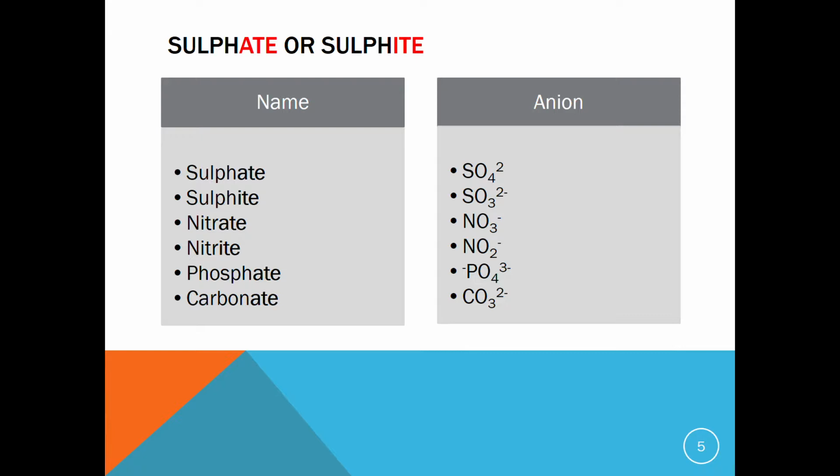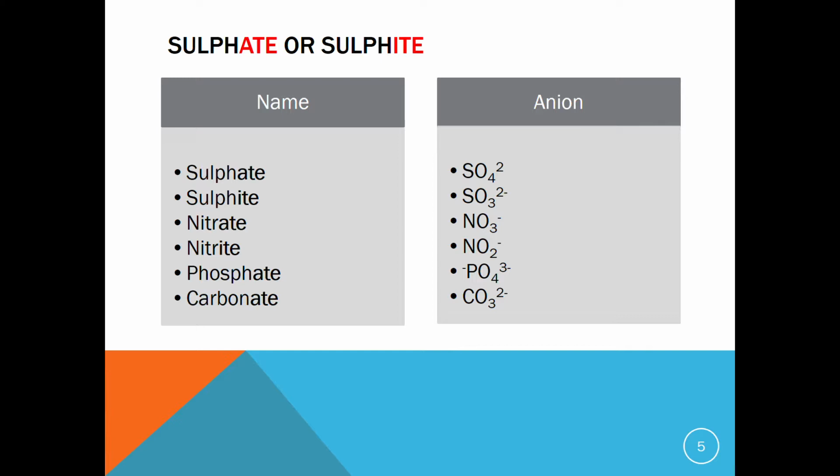In its higher oxidation state, sulfur has a larger number of oxygens, 4 in SO4 2-, and therefore ends in "ate", sulfate. In its lower oxidation state, sulfur has a smaller number of oxygens, 3 in SO3 2-, and ends in "ite", sulfite.